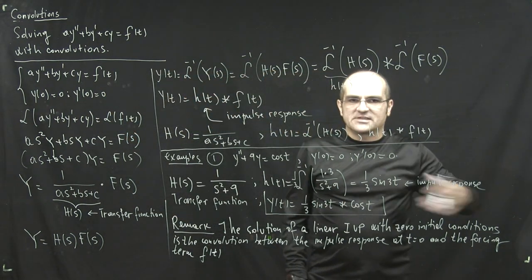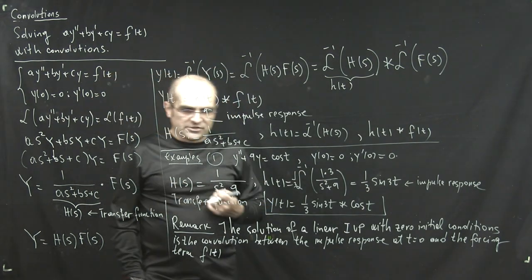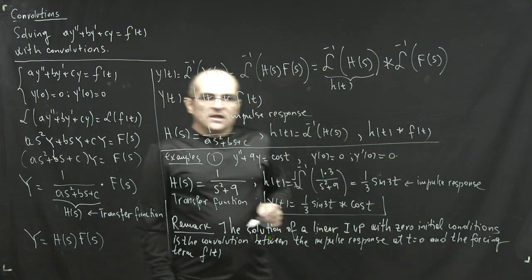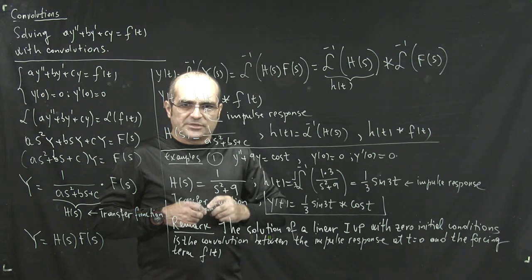So in a nutshell, basically I describe a way to solve any linear ODE that starts from 0 initial conditions. So the solution is always the convolution between impulse response and whatever you have on the right hand side. You will see in the last part of the lecture that follows from here.